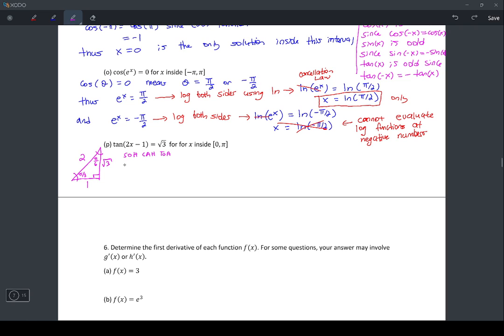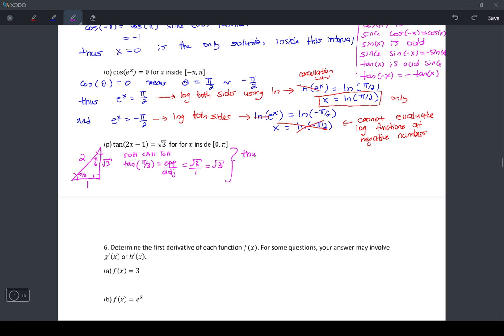And tan of pi over 3 is equal to opposite over adjacent. So that's from your SOHCAHTOA, opposite over adjacent. Opposite is root 3. So the side that's opposite the pi over 3, adjacent is 1. So we get root 3.